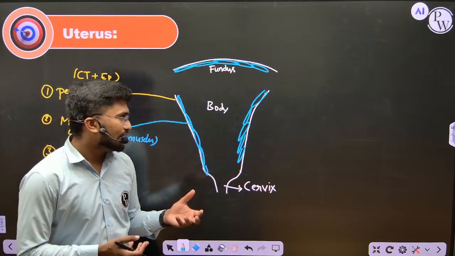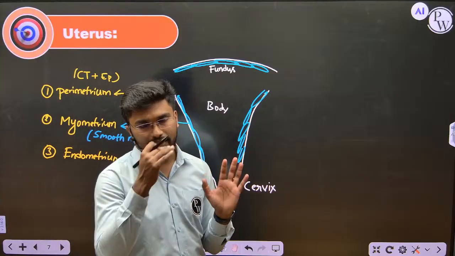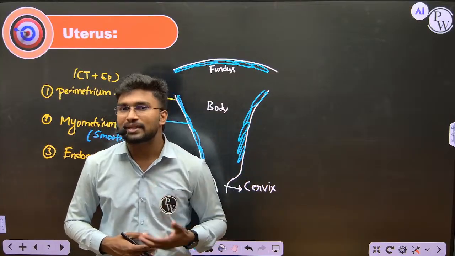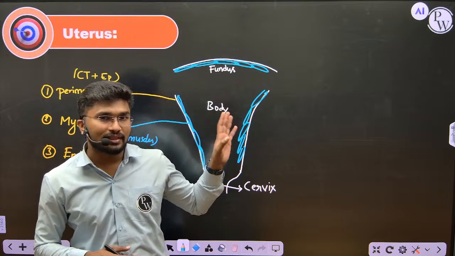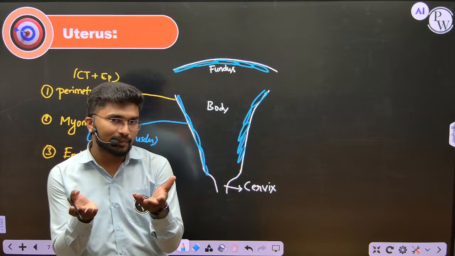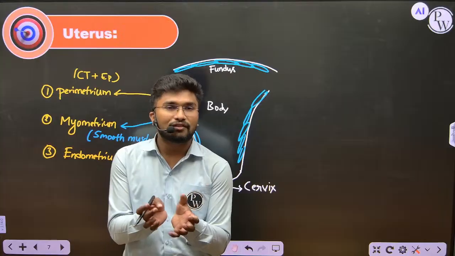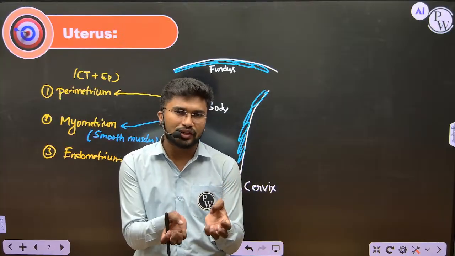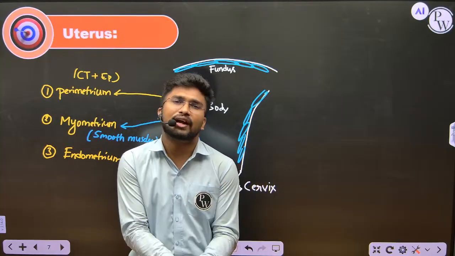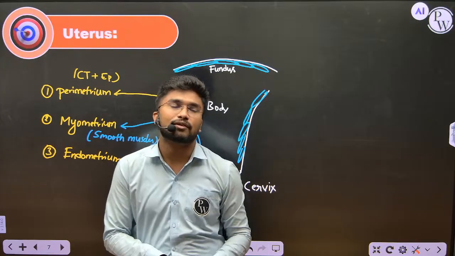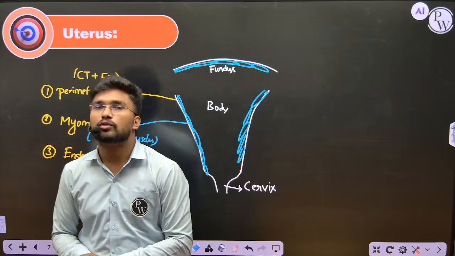The answer is, imagine pregnancy happened. Development of the baby is taking place. The next step is parturition, the last step, the delivery of the baby. For delivery of the baby, strong uterine contractions are required to expel the baby from the uterine cavity to the outside.